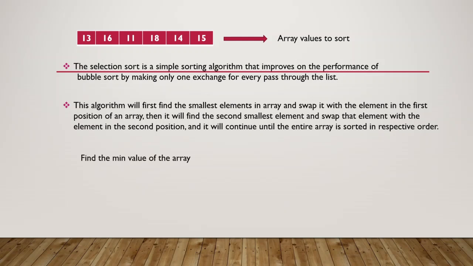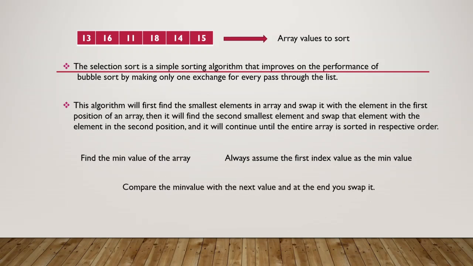So first, we will have to find the minimum value, or min value, of the array. Always we will be assuming the first index value as the min value. Then compare the min value with the next values, and swap it when an element is found that is less than the minimum value.